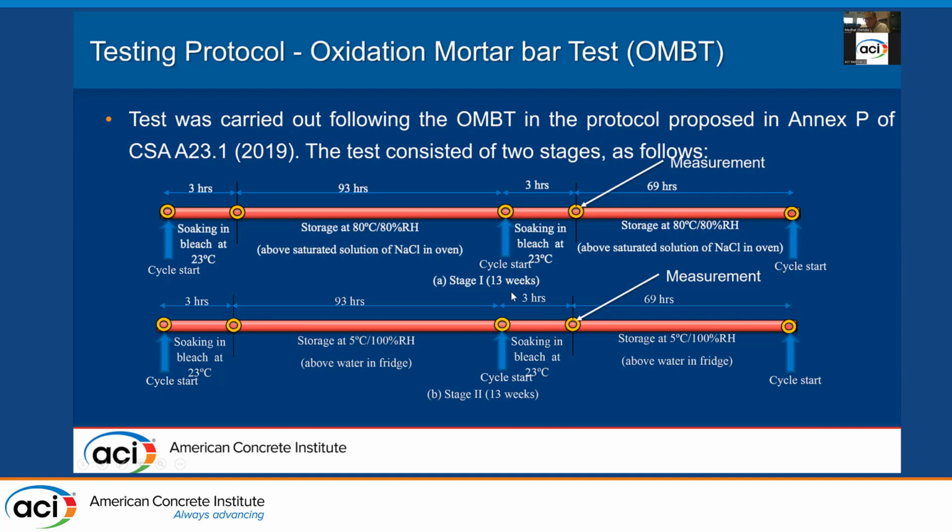Then in phase 2, the condition will change because we are focusing on sulfate attack. We soak the samples for 3 hours, and then they are exposed to 5 degrees Celsius and 100% humidity.